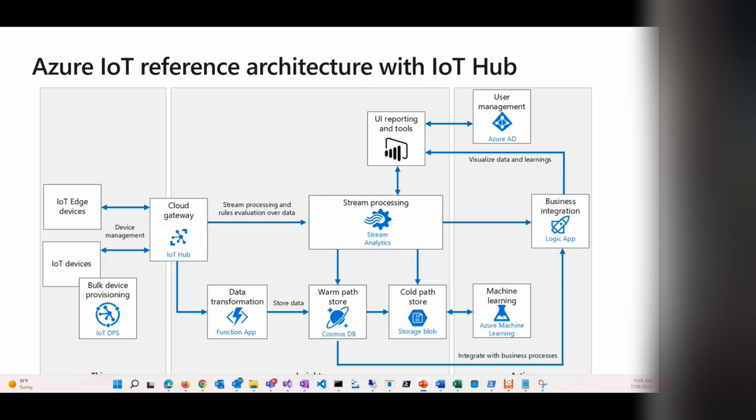Okay. So this is kind of a high level architecture that we are talking about. You have edge devices, IoT devices, they're talking to the cloud gateway, which is Azure IoT Hub. And then it's getting this data. That data may be transformed through a function and then sent to a warm path store where it's being analyzed in real time.